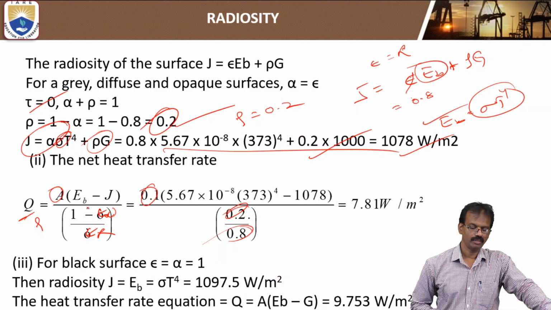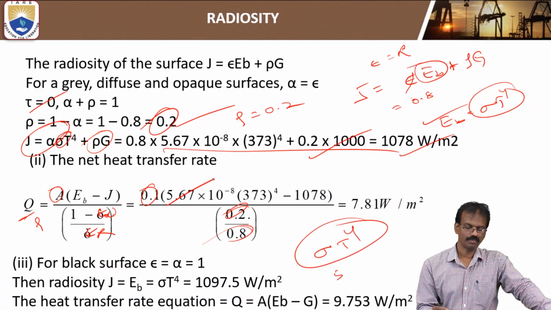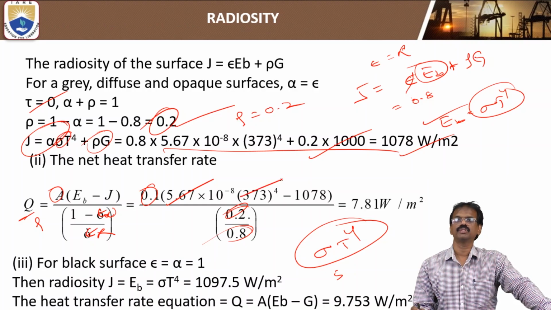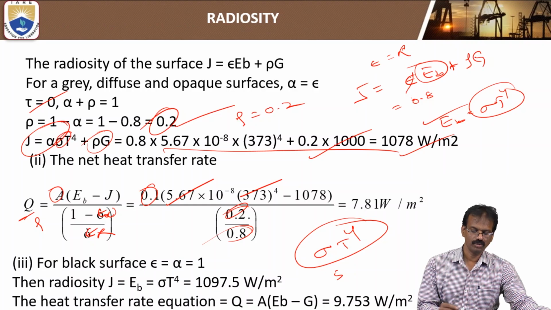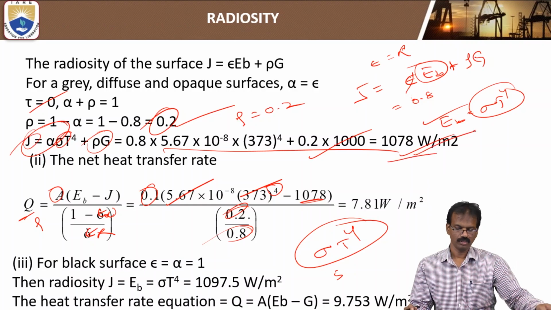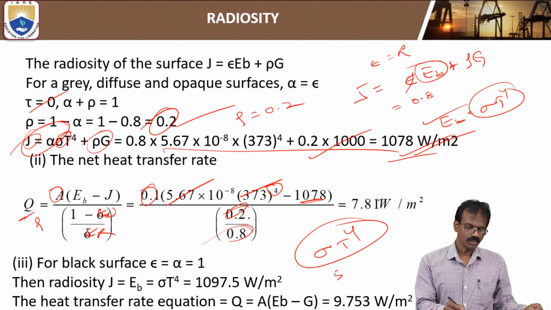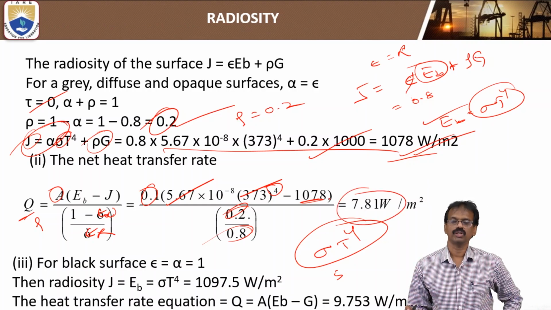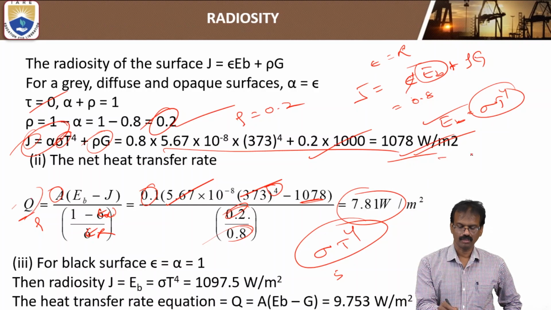And EB is sigma T to the power of 4. Sigma is 5.67 into 10 to the power of minus 8. Temperature in kelvins, 100 plus 273, 373 to the power of 4, minus J. The radiosity value was already determined. So this is the value, 7.81 watts per meter square. So that is the rate of heat transfer in a particular surface.